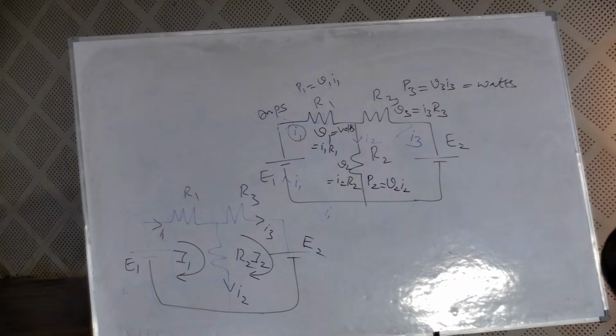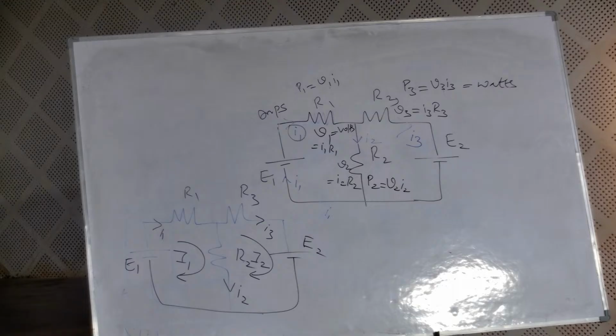You can take clockwise: I1 clockwise, I2 clockwise. Some other student may take both anti-clockwise. Take your wish. Another student may take one clockwise and the other anti-clockwise. There are only four options.